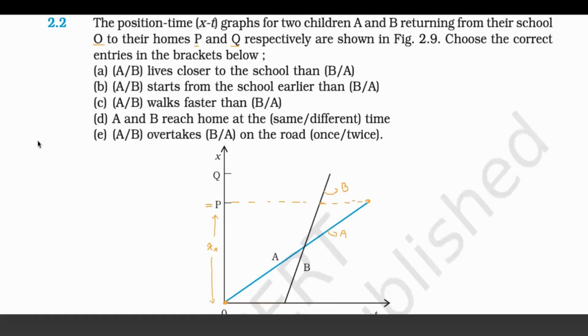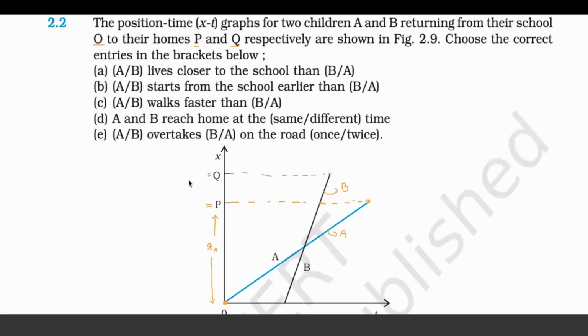Now the same thing for B. B waited for some time. He stayed there for some time. After waiting, he started moving towards home. After some time, he stopped again. Why did he stop? Because he reached home. If you extend this line, it will meet at Q, and Q is the location of B's home.